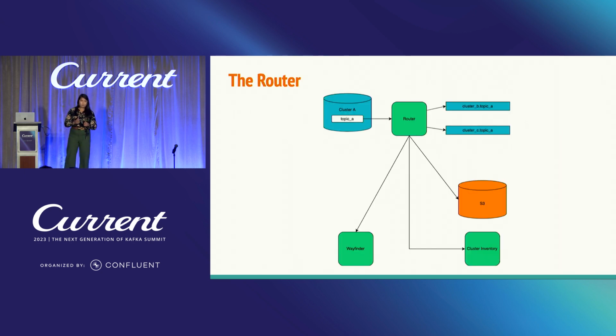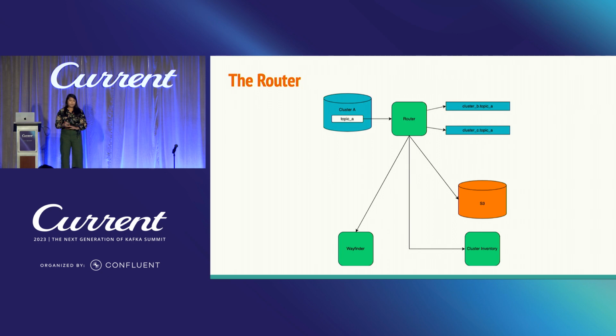So I'll start by getting into the router first. On startup, the router is going to connect to S3. S3 is where we store all of our configuration information. So which topics, how those topics are going to be routed, which Kafka clusters those topics are going to be found in.